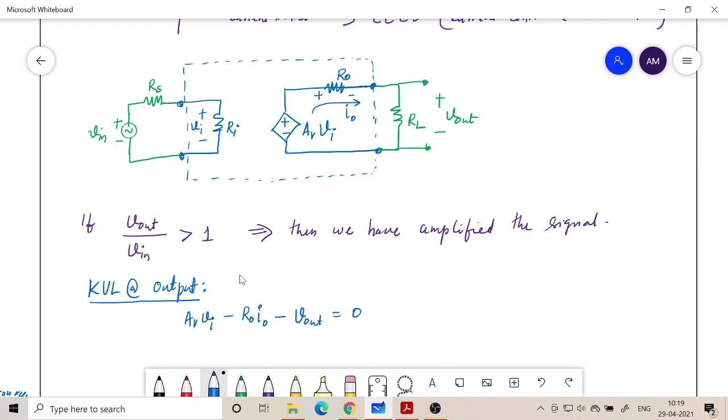equal to 0. But I need to remove this I out here. I out is basically V out, the current flowing through RL, divided by RL. The current going through the load resistance RL is basically the voltage across it divided by the resistance value, which I can now use.